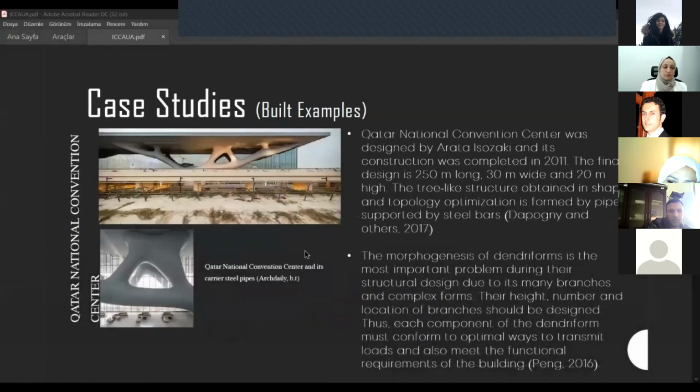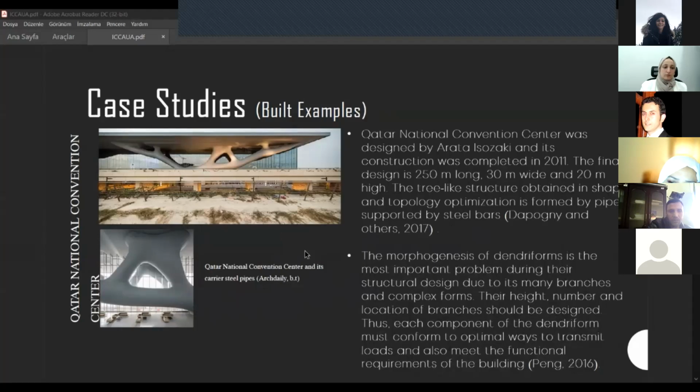The second built project is Qatar Convention Center. Qatar Convention Center was designed by Arata Isozaki, and its construction was completed in 2011. The final design is 250 meters long, 30 meters wide, and 20 meters high. The tree-like structure obtained in shape and topology optimization is formed by pipes supported by steel bars.